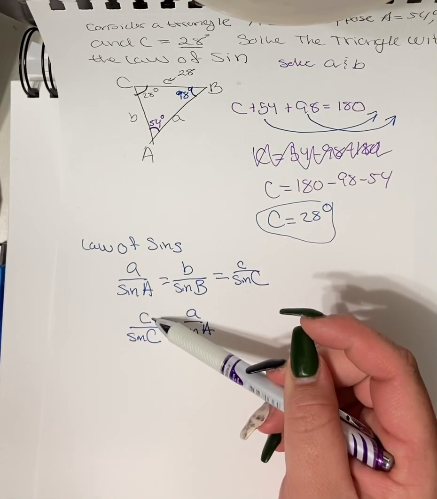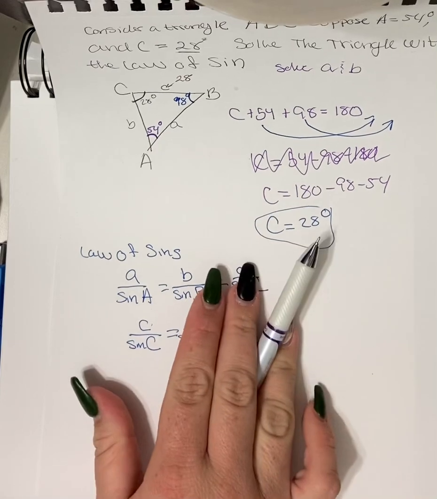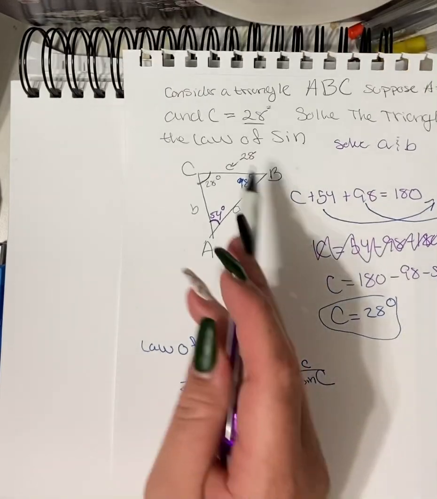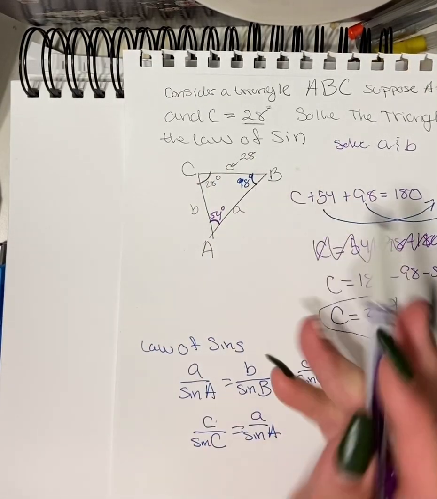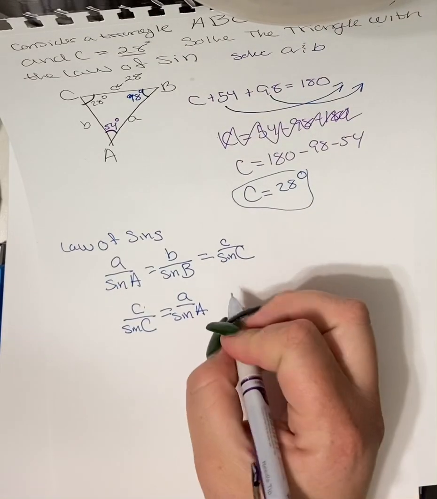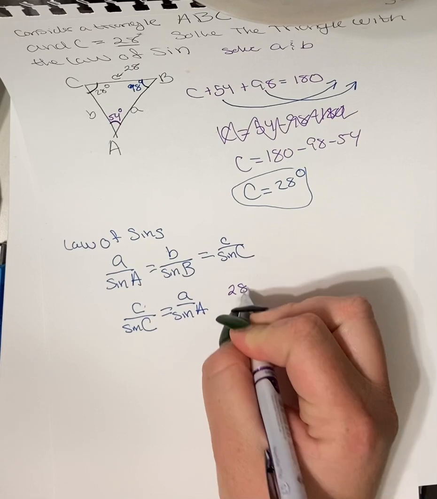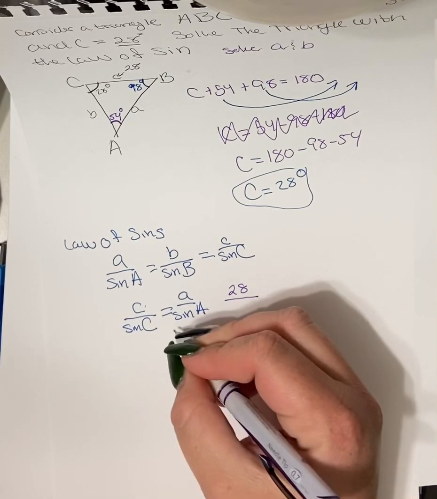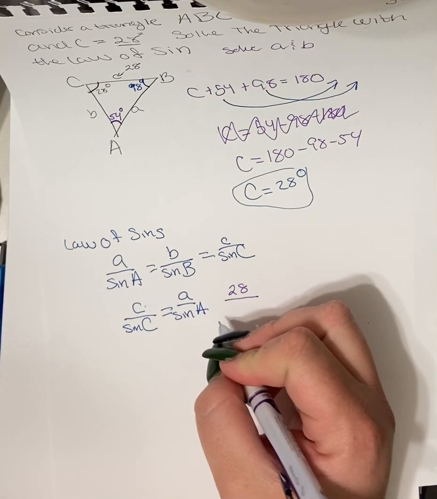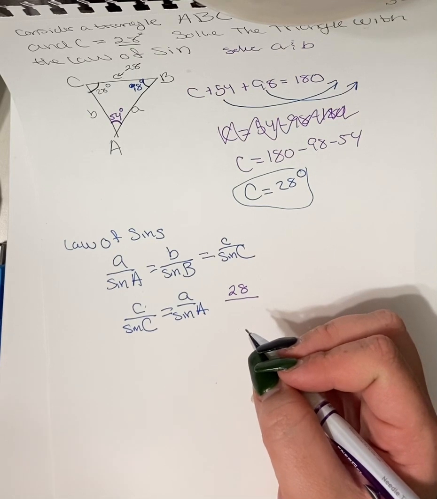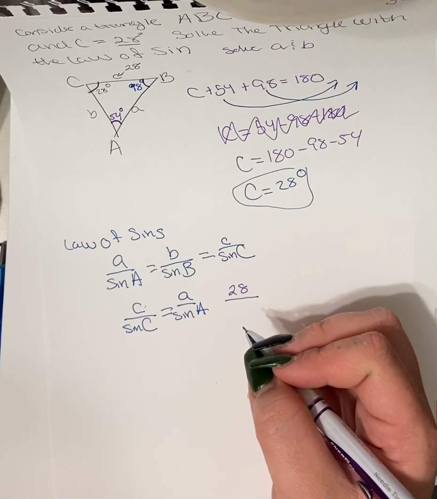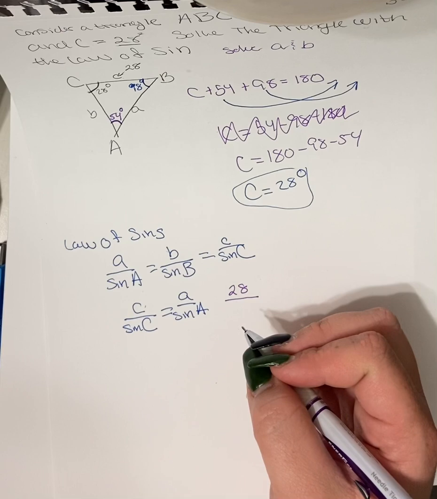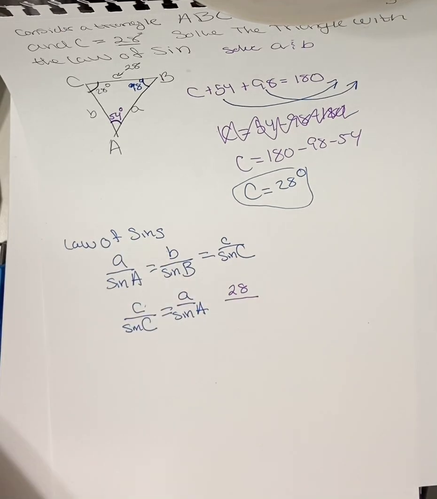So C, if you look right here, my lower C is 28, right? So that's the one we have. So this is going to be 28 over the big C, which ironically is also 28. It's kind of funny if you think about it.